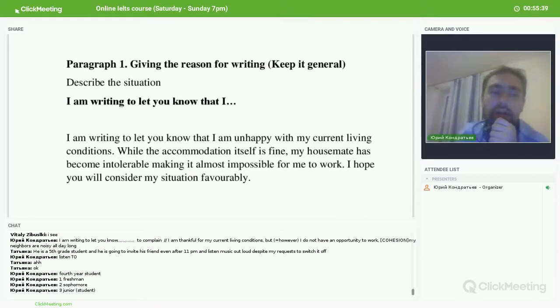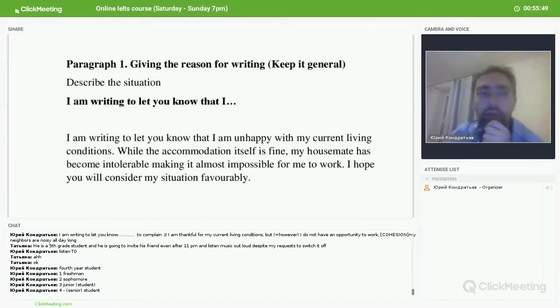Or you can say he's a college senior student. This is his 4th year. So that's how you can put it. But if you say that he is a schoolboy, then it's no good because you're writing about student accommodation in a college.